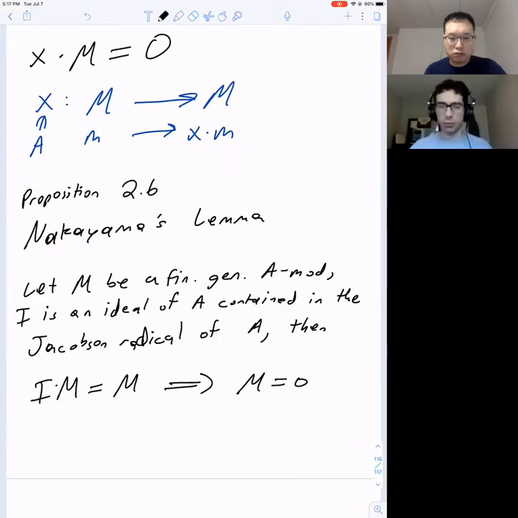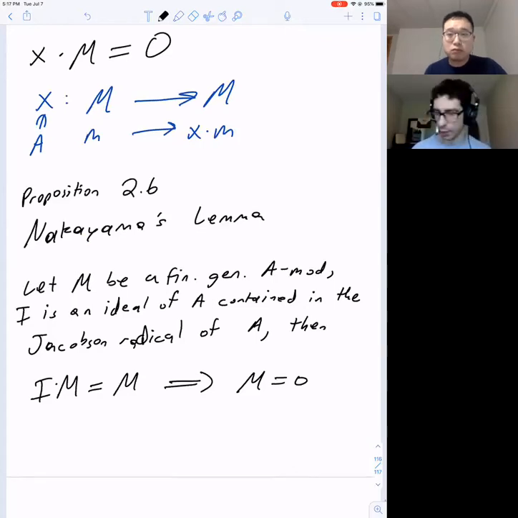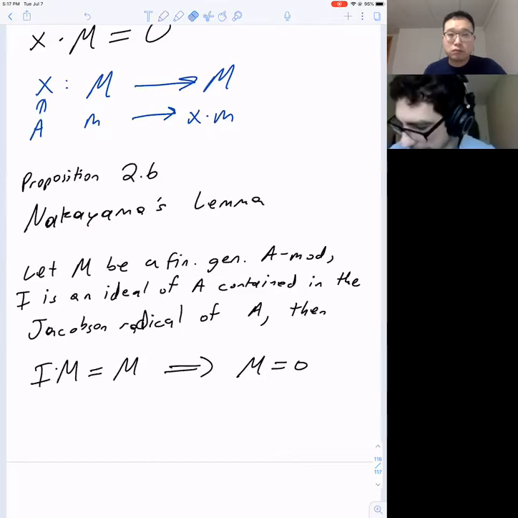The Jacobson radical, if you want to review, is the intersection of all the maximal ideals of the ring. We learned this in the first chapter.